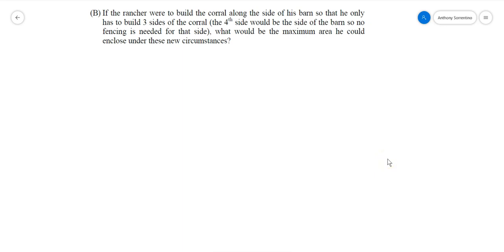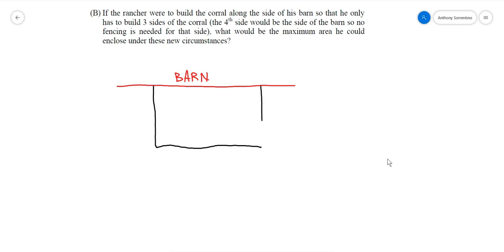And we're assuming the barn's going to have a sufficient length to have no opening on the one side. So basically what's going on here, in this instance, I'm going to have a barn right here. My fencing for the corral is going to be here.